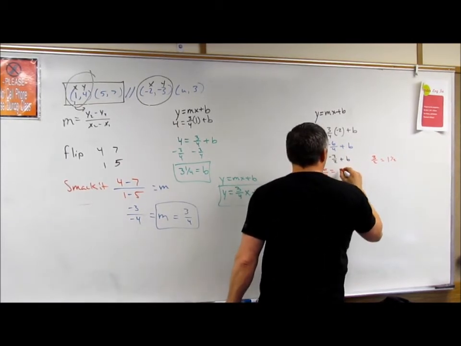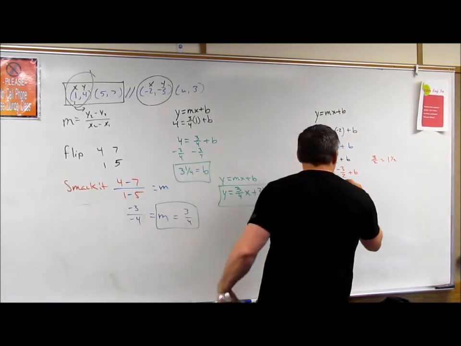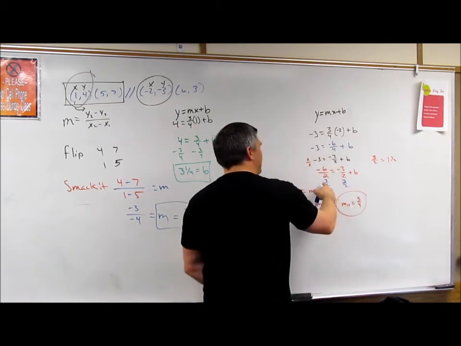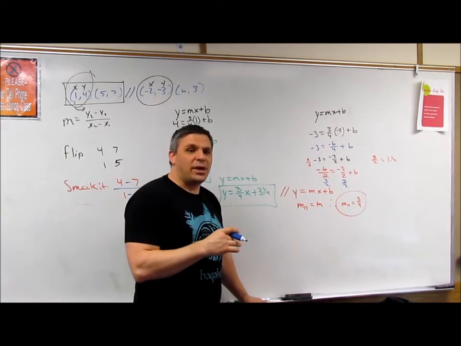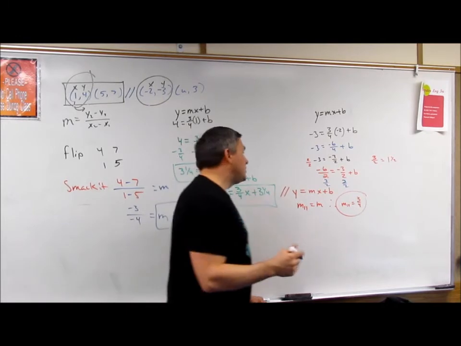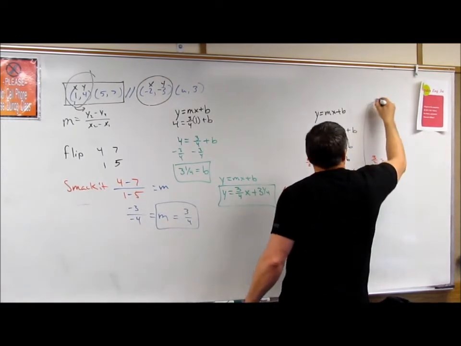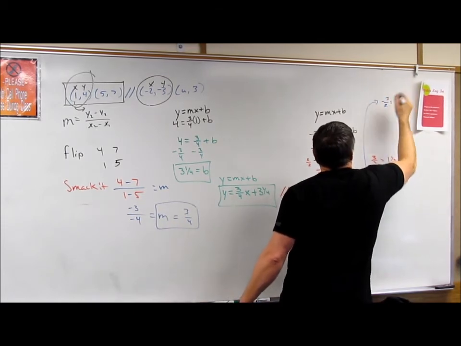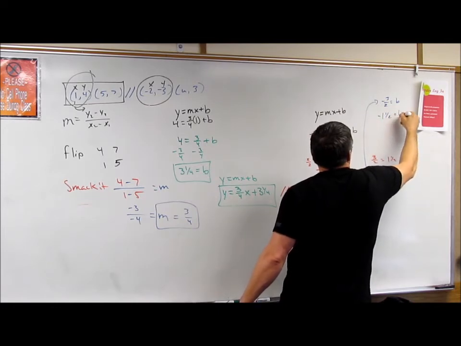Equals -3/2 plus B. So then I add 3/2, I add 3/2, and what I get is, I'm subtracting the 3 from the 6, and what do I get? 3/2. Negative though, right? So therefore, I get negative 3 over 2 equals B, or negative 1 1/2 equals B.